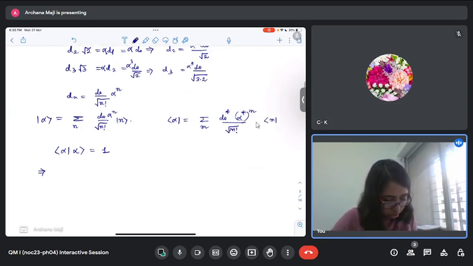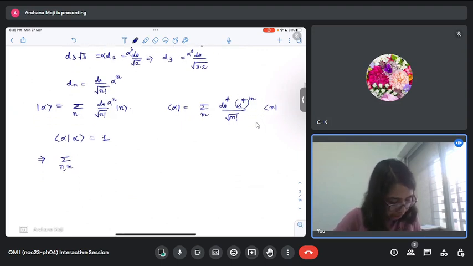Now what do we get for the inner product? Summation over n, m, both run from 0 up to infinity, d0 mod square, alpha to the power n, alpha star to the power m, over square root of n factorial m factorial, times the inner product of m and n, that is equal to 1.